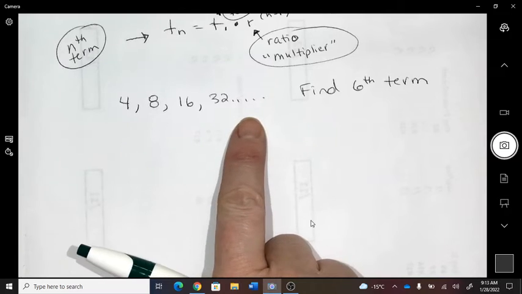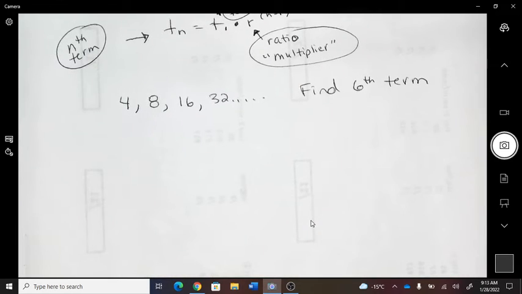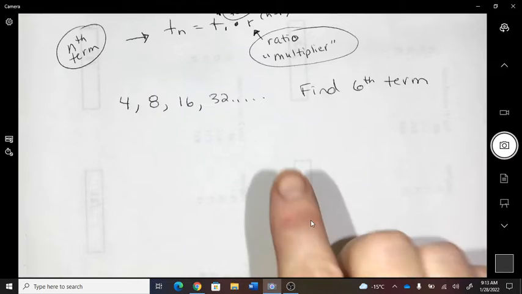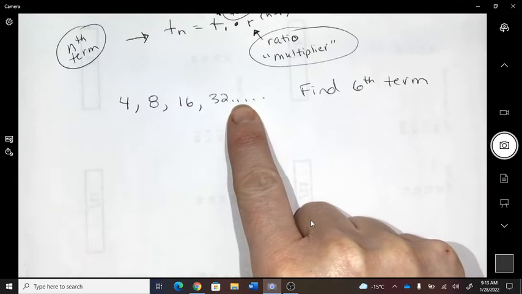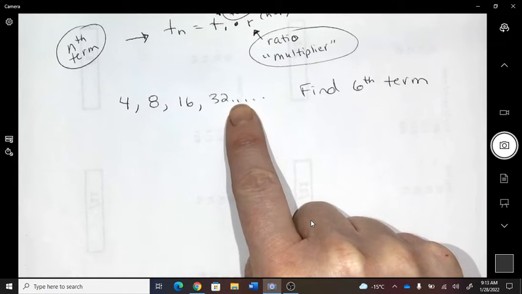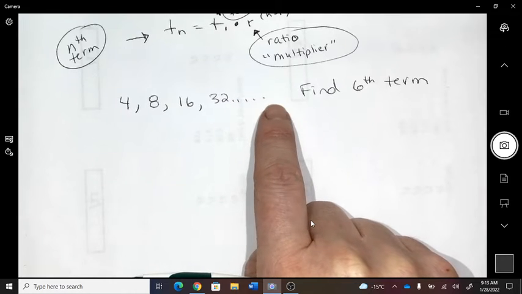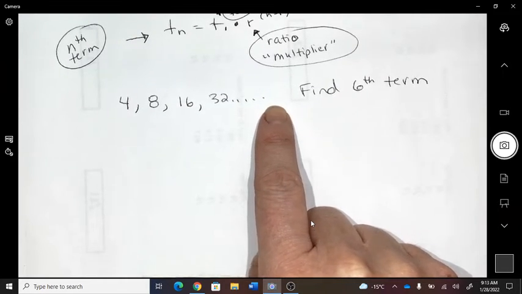Can you go 2 more times in that? Just in your head, what's next? 64, and then 64 times 2 is 128. Yep. So that should be our answer.